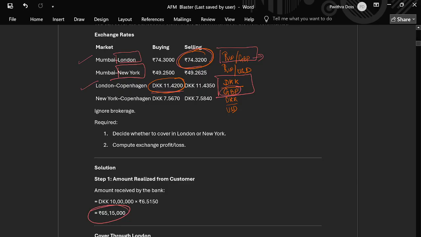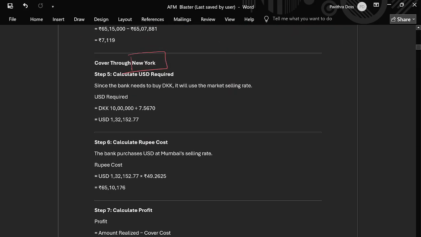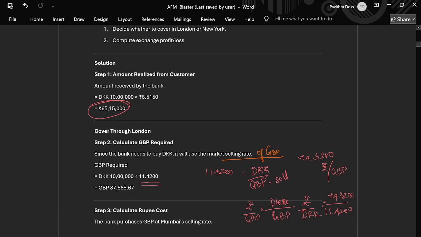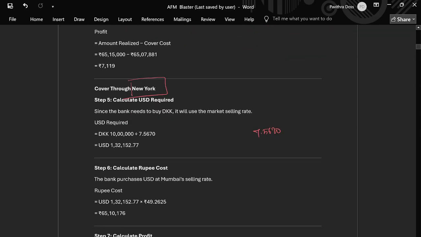What are we going to do? We said we are going to buy DKK, which means we will sell USD. So sell means here we will take this rate, which is 7.5670. And buy means we will take up this rate, which is 49.2625, the highest one.